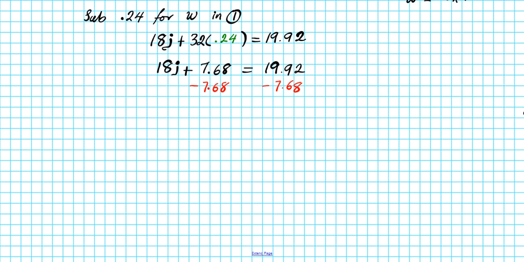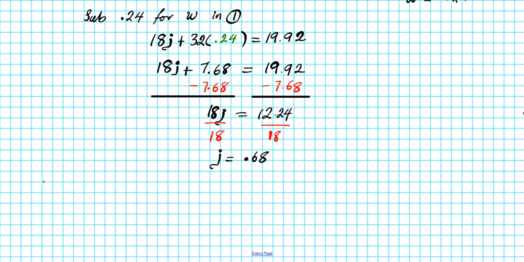When you carry out the subtraction, you're going to have 18j equals 12.24. To get j isolated, you divide both sides by 18. And then we get the unit price of a juice box, j, as 0.68.